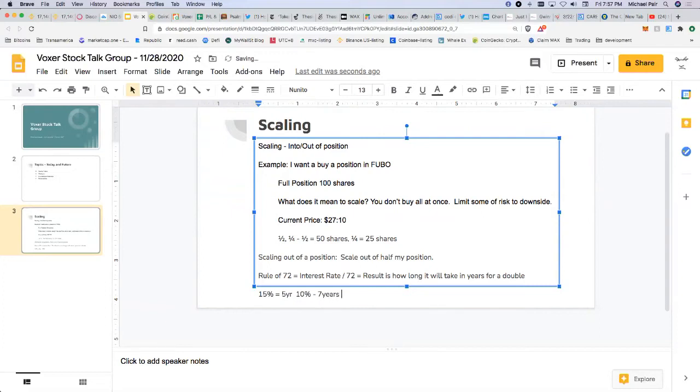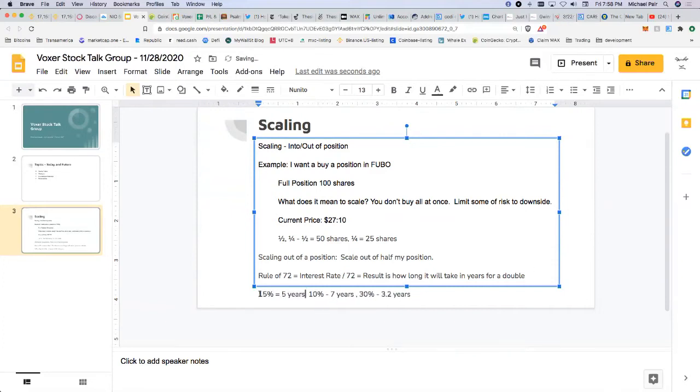And let's say if you're fortunate enough to catch 30%, your money will double every 3.2 years. And this is the power of compound interest. This is what you want to be able to get to.